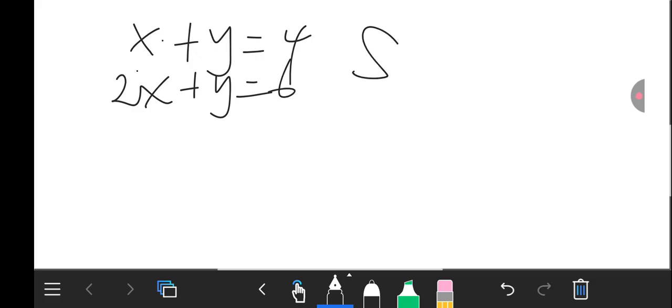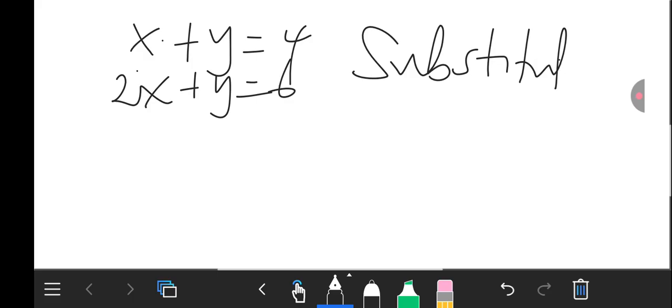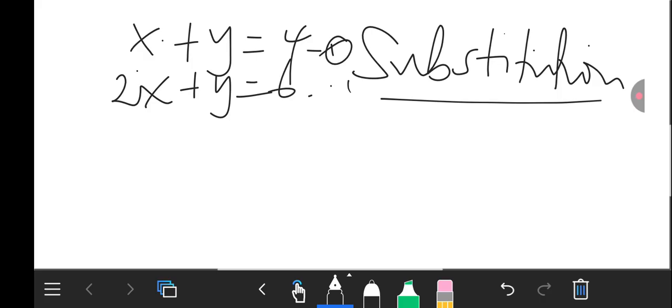We are now using what is known as substitution. To substitute is to replace. So with substitution, you need to make, in either equation 1 or equation 2, one of the variables the subject of the formula. So let's pick equation 1, x plus y equal to 4.